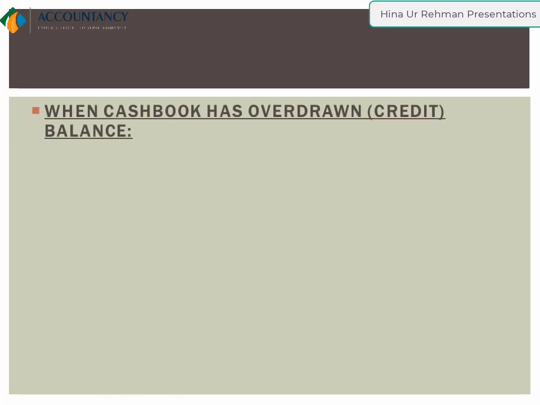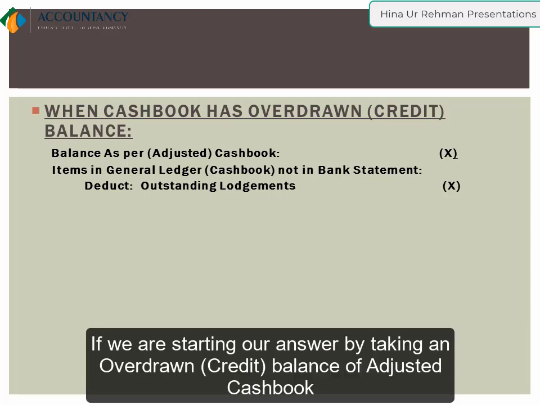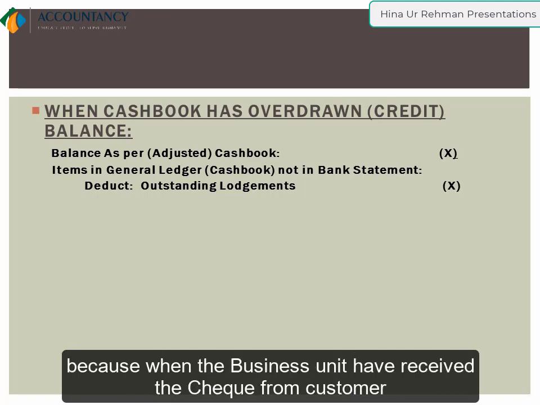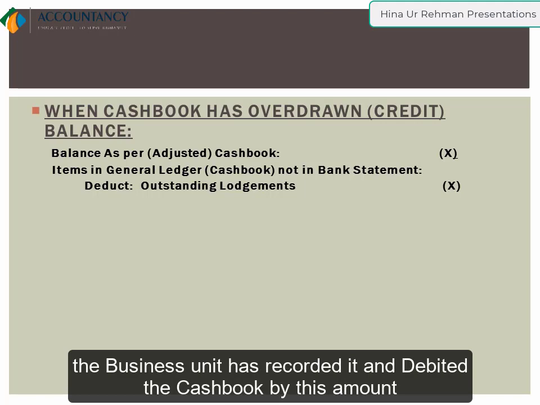When the cash book has an overdrawn credit balance. If we are starting our answer by taking an overdrawn credit balance of the adjusted cash book, then we will deduct the amount of outstanding lodgements from this balance. Because when the business unit received the check from the customer, it recorded it and debited the cash book by this amount.